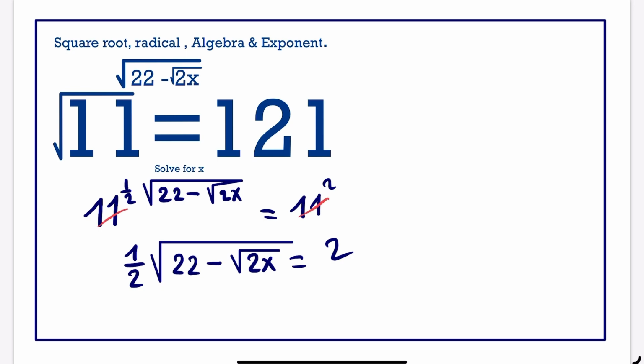Okay, the next thing to do is to make sure that we have here 1 times this, so 1 times any number remains the same, divided by 2.